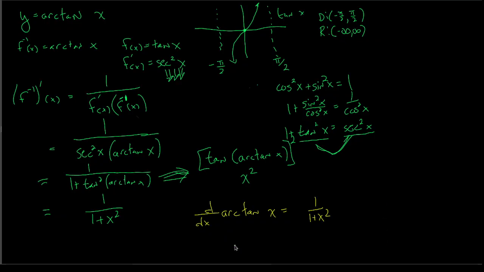And if we are looking at the derivative with respect to x of arctangent of some function u that is a function of x, then we get 1 over 1 plus u squared times du dx, because the chain rule falls into play. And so we've now added arctangent to our derivatives.